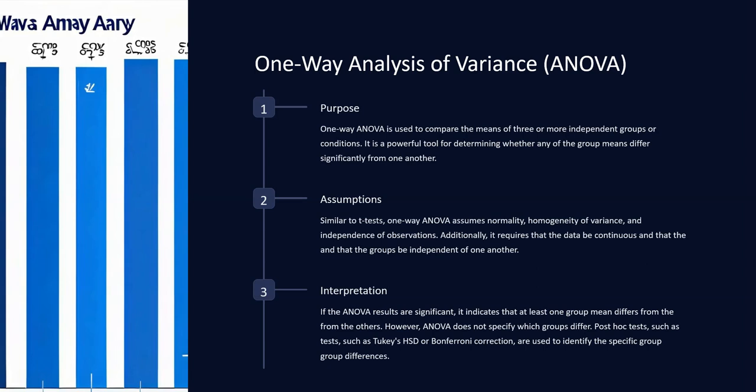Sometimes we write that the result is significant, there is a significant difference between the two variables, or statistically significant. When we write some test, you need to do a post hoc test, such as Tukey's test, and Bonferroni's correction is also there.